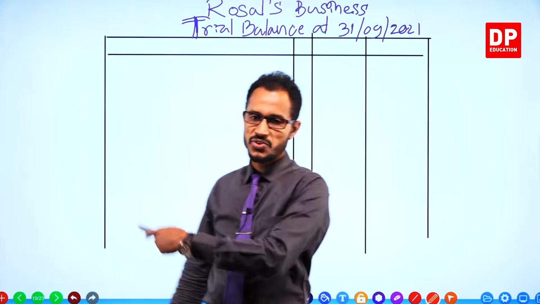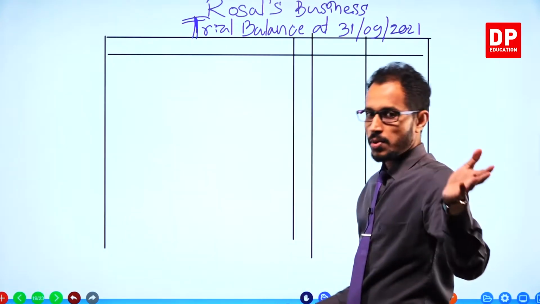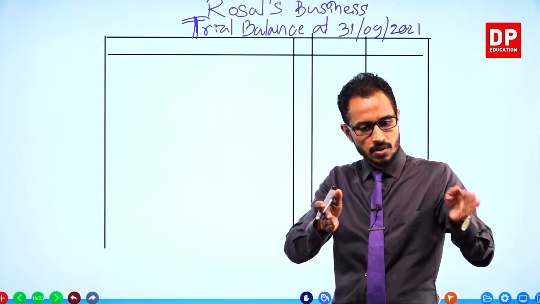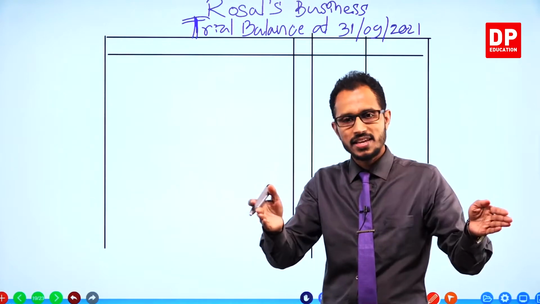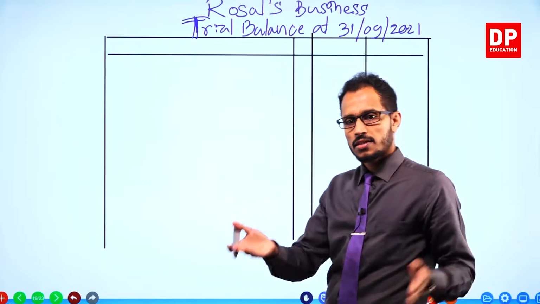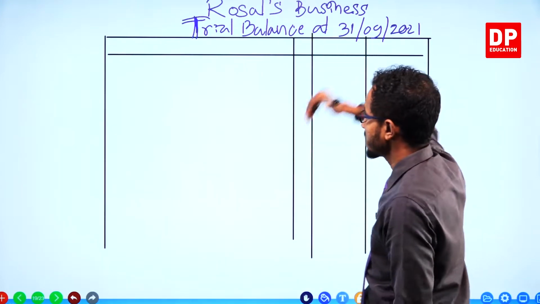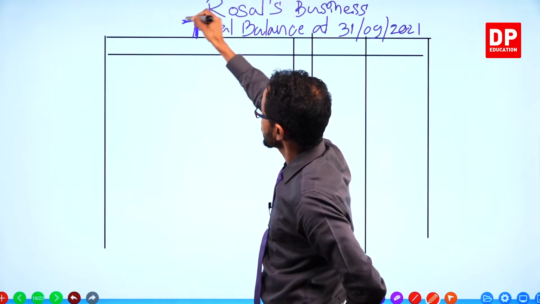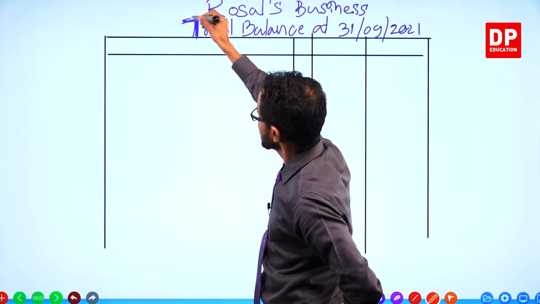Normally, the trial balance is prepared at the very end of an accounting period. This is the end of the month. So let's think that it is the end of the accounting period, right? Trial balance.